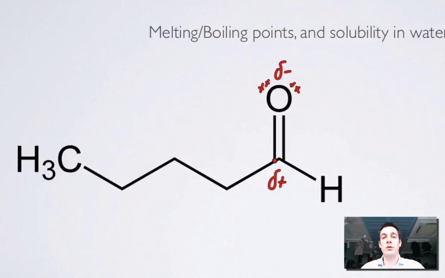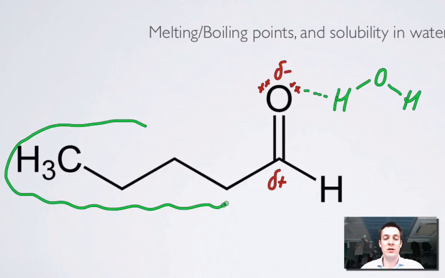But if we were to compare their boiling points with alcohols of similar molecular weight, we'd expect these to have lower boiling points because they can't hydrogen bond with themselves. However, they can hydrogen bond with water, so we might expect an aldehyde to be soluble in water, so long as this non-polar part of the molecule wasn't so big that the insolubility of this part would counteract the solubility of this part.